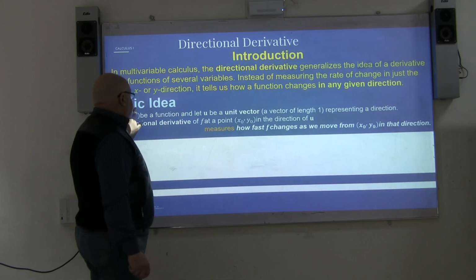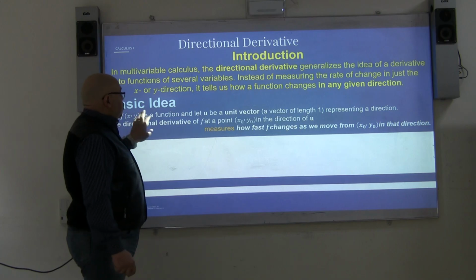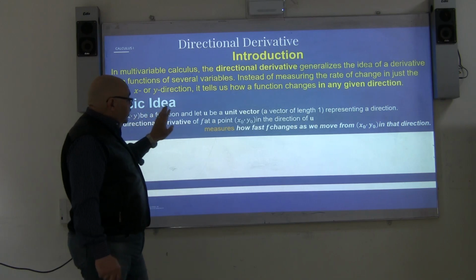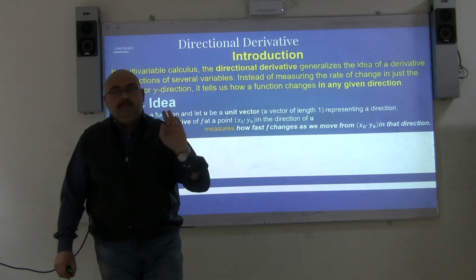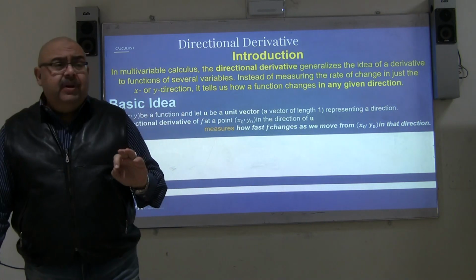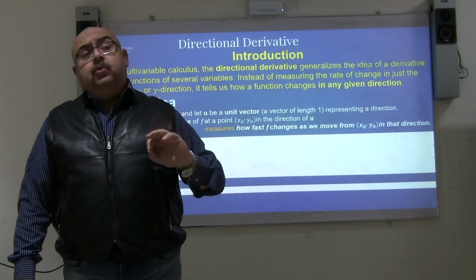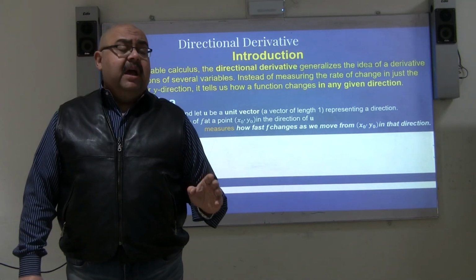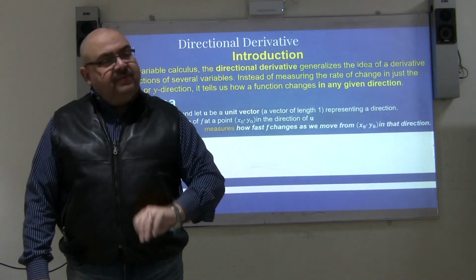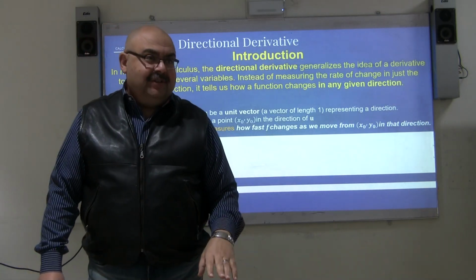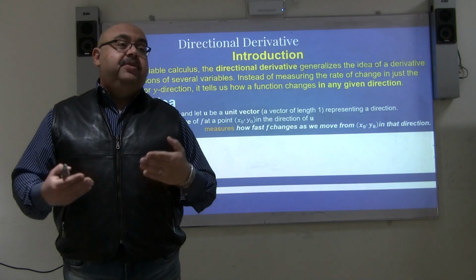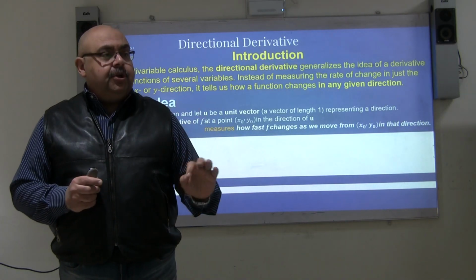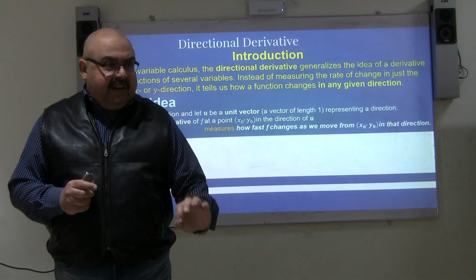The basic idea: you will have f of x, y, which is a function, and let u be a unit vector, which is a vector of length 1. In order to compare more than one case, it is better to use unit vectors.